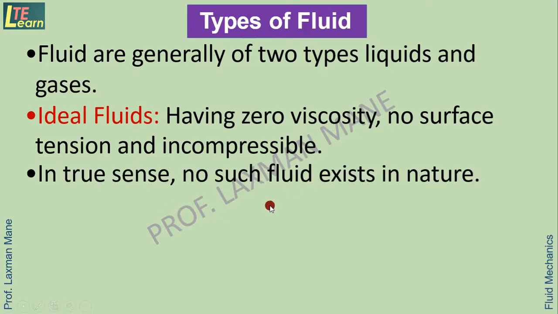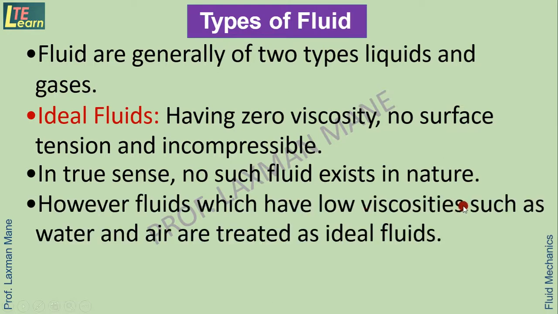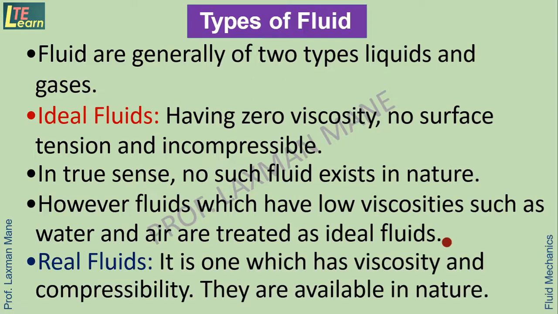In the true sense, no such fluid exists in nature, meaning every fluid has some viscosity. However, fluids which have low viscosities such as water and air are treated as ideal fluids in fluid mechanics applications. A real fluid is one which has viscosity and compressibility, and they are available in nature.